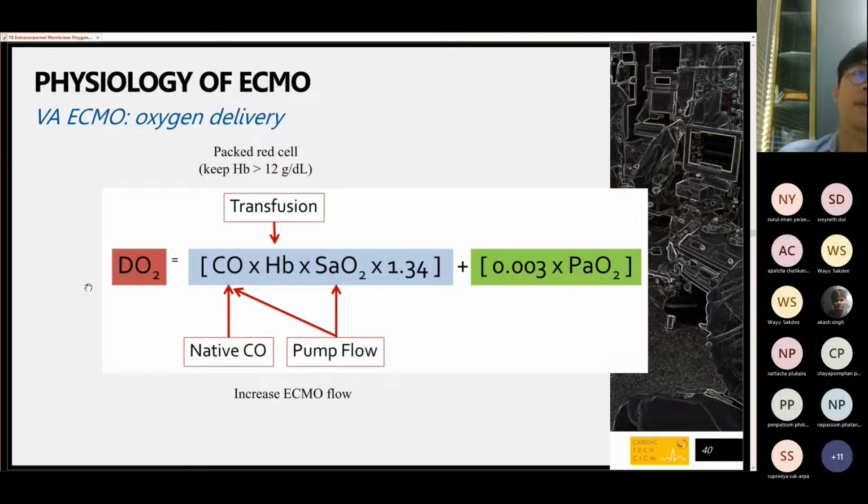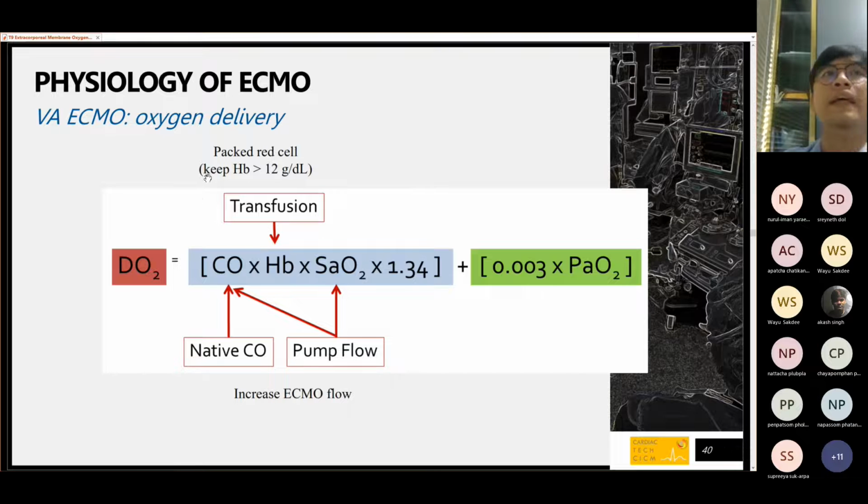Back to the oxygen delivery equation again. Here is the concept of VA ECMO. VA ECMO cardiac output is represented by the native cardiac output combined with the pump flow, but mainly the pump flow. If you increase the cardiac output or the pump flow, oxygen delivery increases.